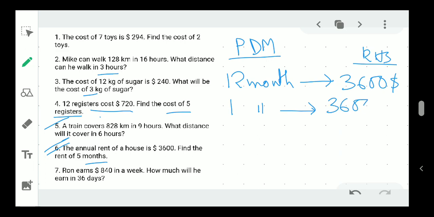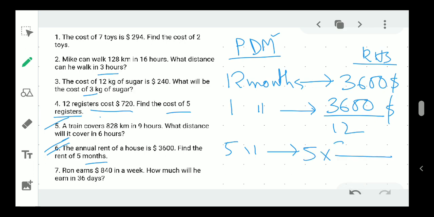So 3,600 divided by 12. So now for 5 months, multiplication now. So that means 5 multiplied by 3600 by 12. So it will be $1,500.